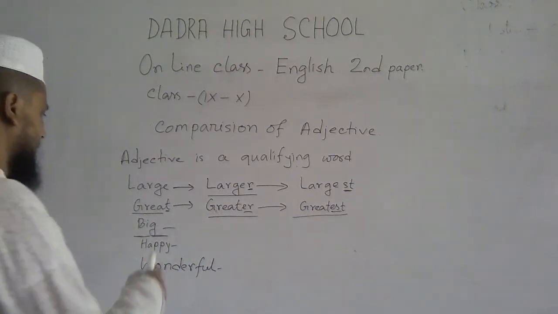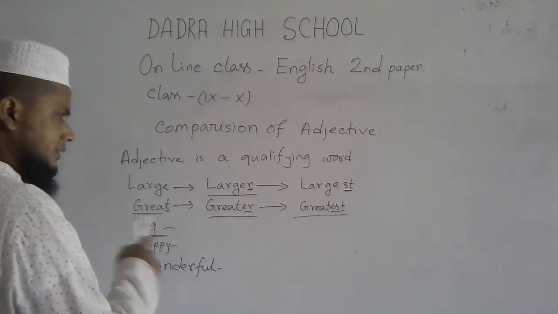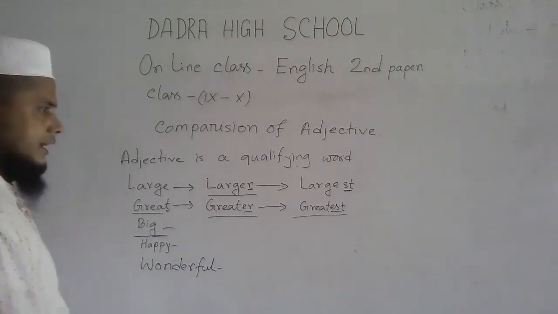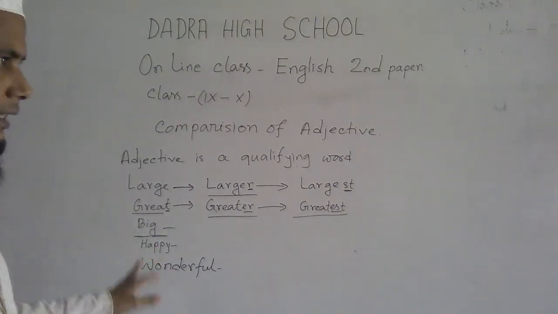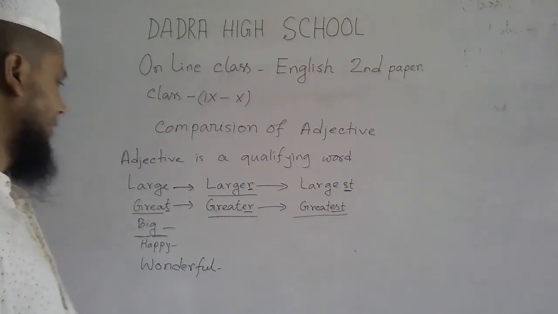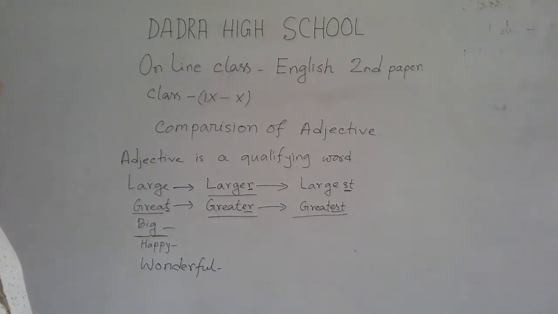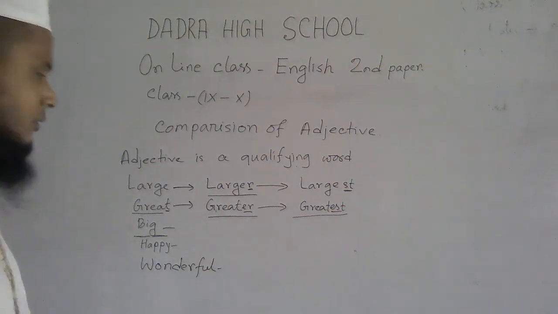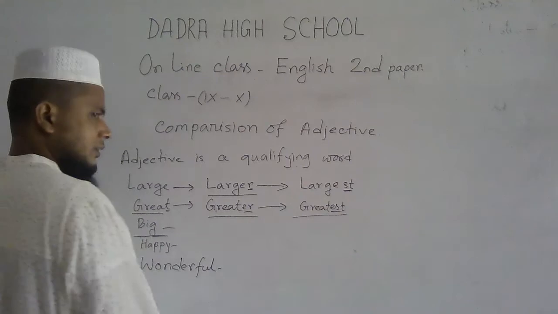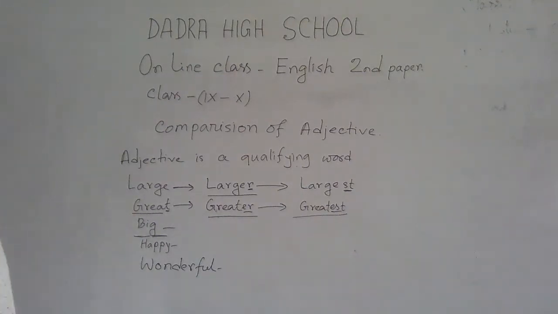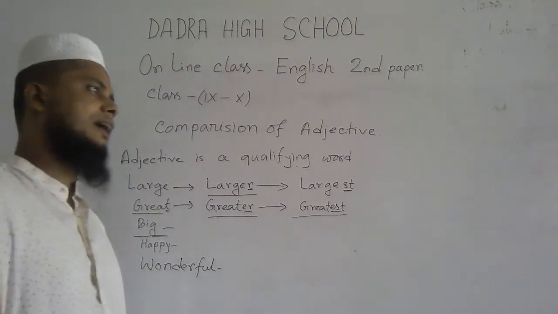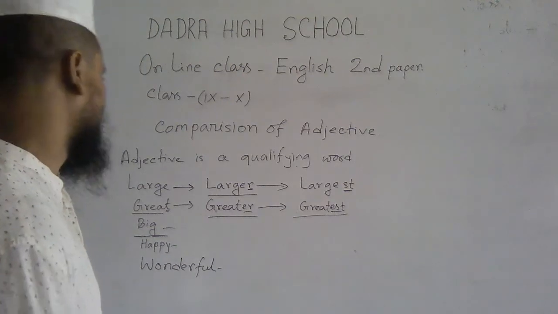There is a single vowel before the consonant G. I is a vowel, and this is single in this word. If you get such types of words that end with a consonant, but before this consonant there is a single vowel, you will make the consonant double and then add ER and EST to make comparative and superlative.